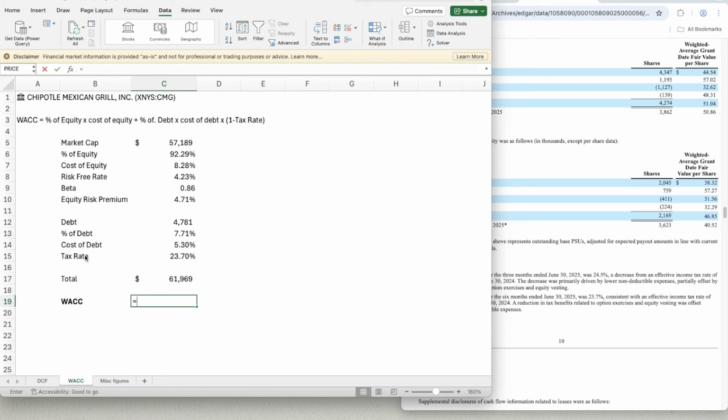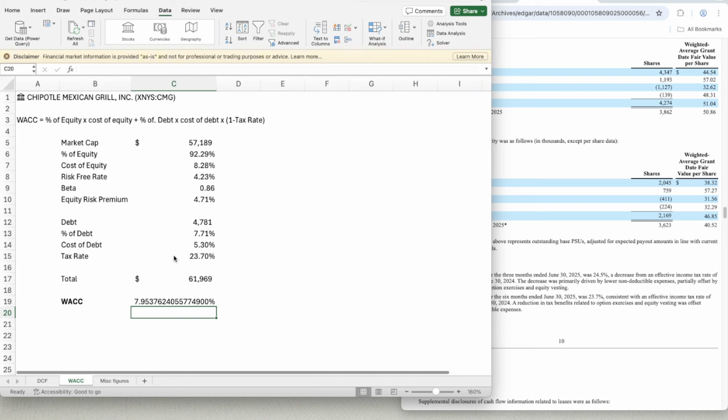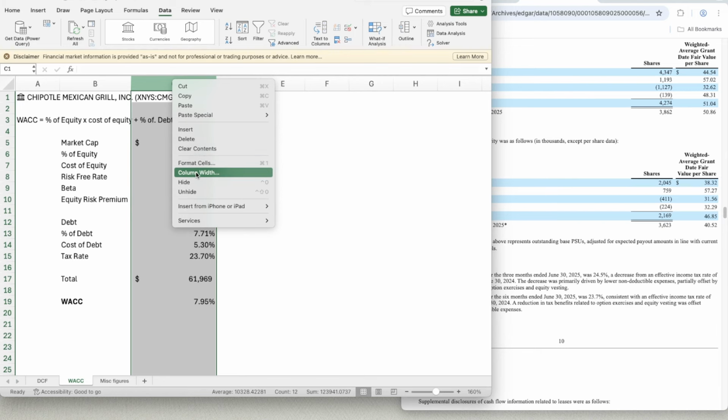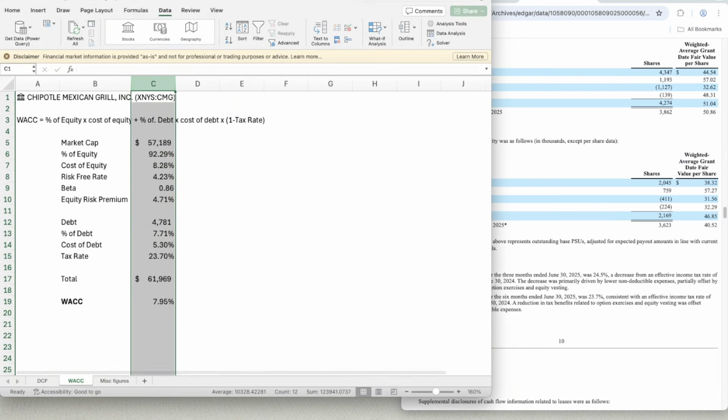Now let's work out the WACC using this formula: the percentage of equity multiplied by the cost of equity plus the percentage of debt multiplied by the cost of debt multiplied by 1 minus the tax rate. And that gives us a 7.95% WACC. Put this back to 10.